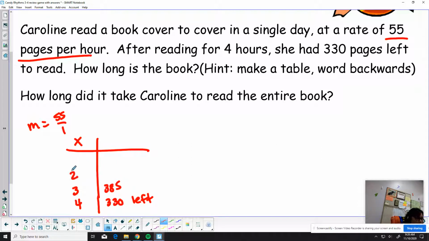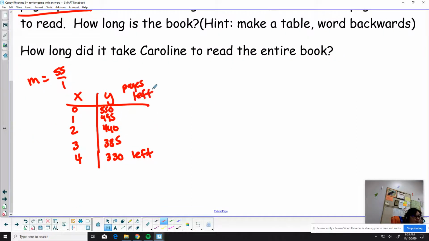And after 2 hours, she had 440. After 1 hour, she had 495. And at 0 hours, she had 550. So Y would be pages left. All right, so the book, it looks like, was 550 pages to begin with, and she reads at 55 pages an hour.